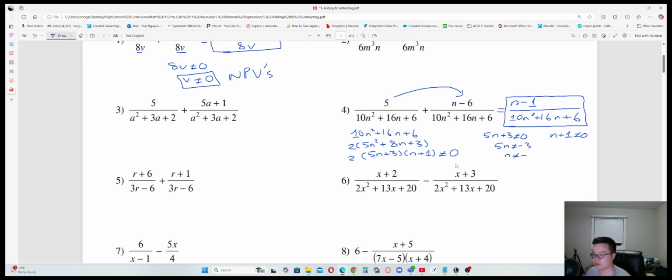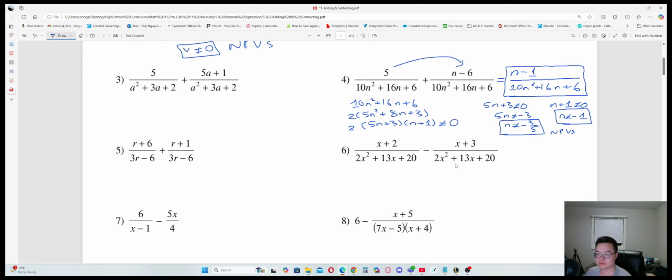My first NPV value will be n not equal to negative 3 over 5. My second value is going to be n not equal to negative 1. So these two values are my NPVs. This is how we do adding and subtracting with the same denominator.